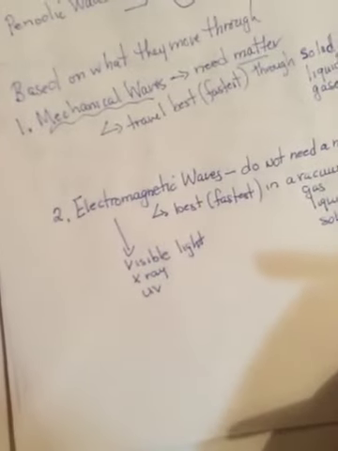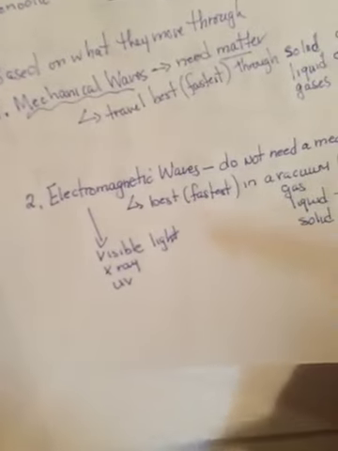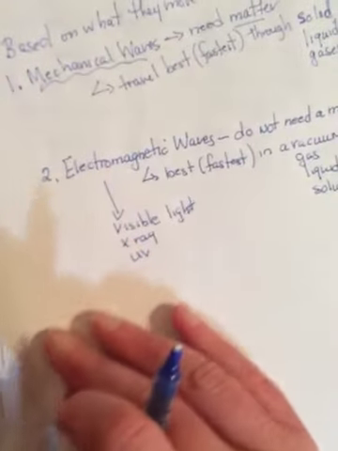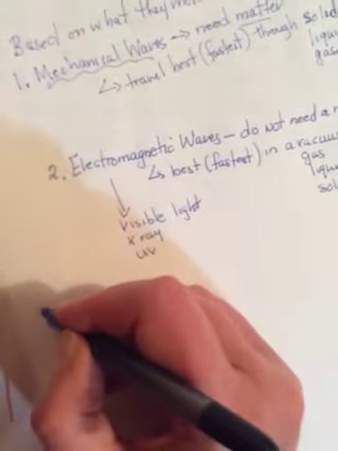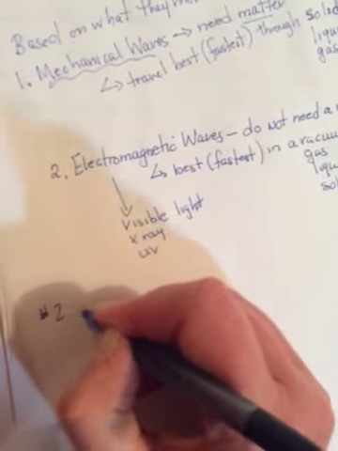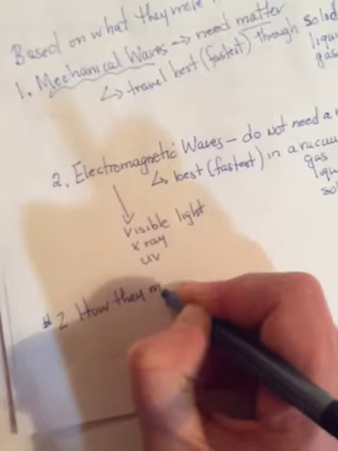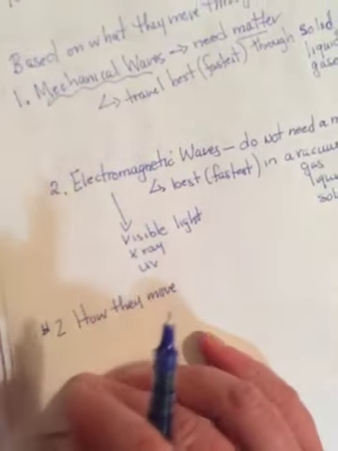Okay? So that's one way of categorizing waves based on what they move through. A second way is based on how they move. And there are three here for this one. Whoops, I'm right at the bottom of my page.